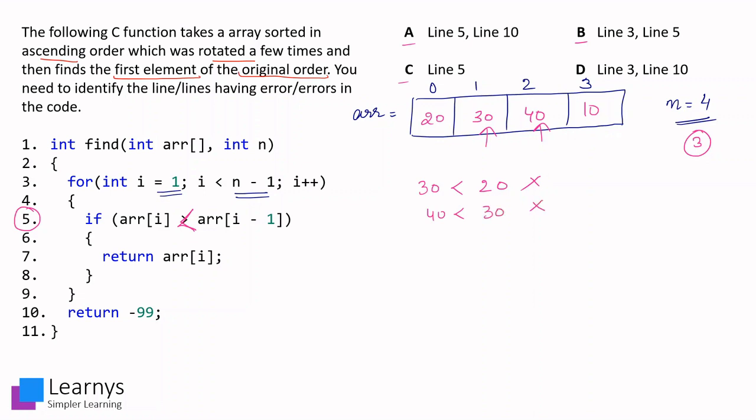Now notice here that the loop will end. The loop will not go to the last index, but it should actually go over there. So again we find an error that this n minus 1 should be n. So I can say I have the errors in line number 3 and line number 5. So my answer is option number B.